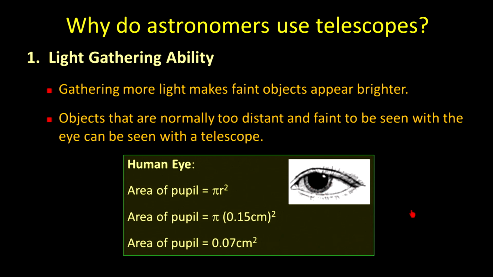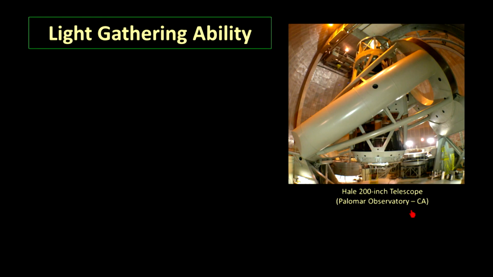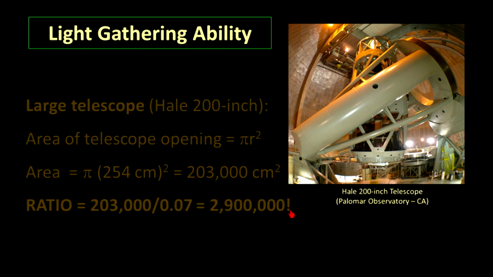square centimeters. However, if we were to use something like the Palomar Observatory 200-inch telescope that we visited in the previous segment, then we have an opening that is 200 inches across. Think of it as this is your eye and your pupil is 200 inches across. So let's do a calculation with that.